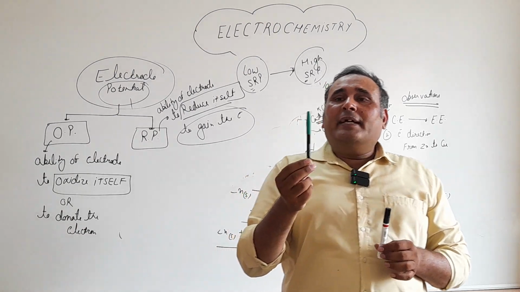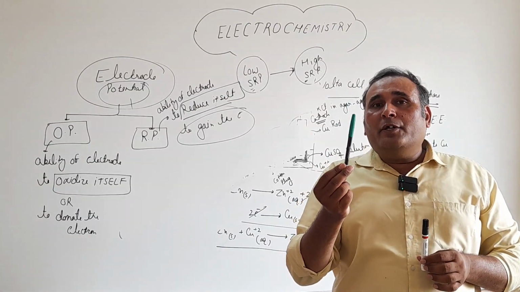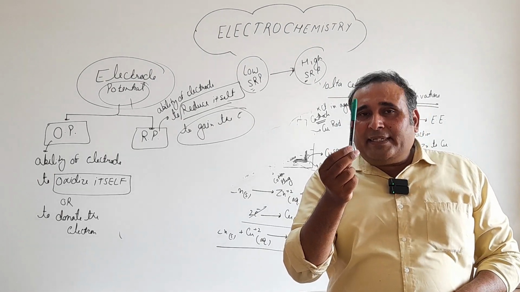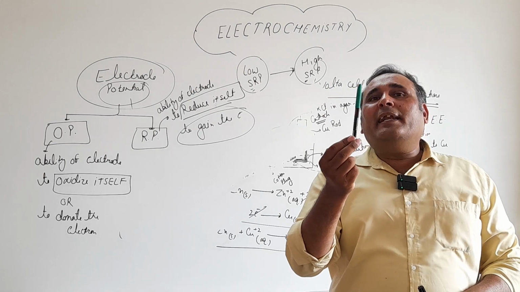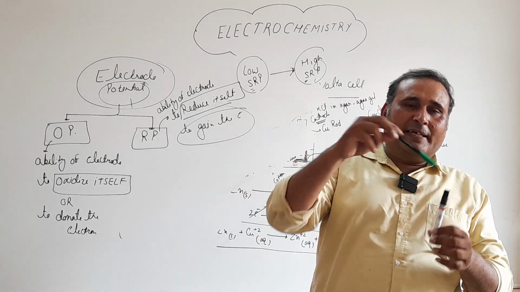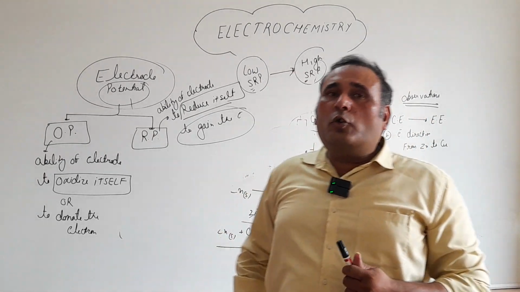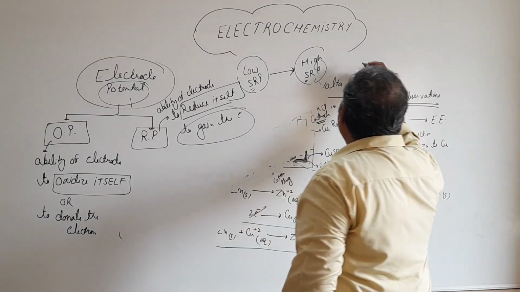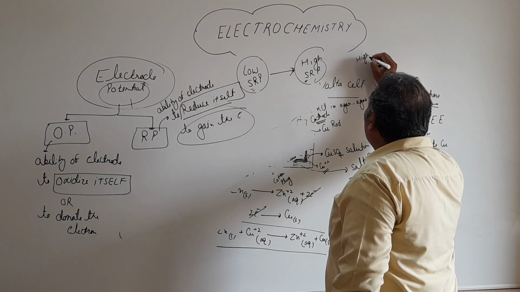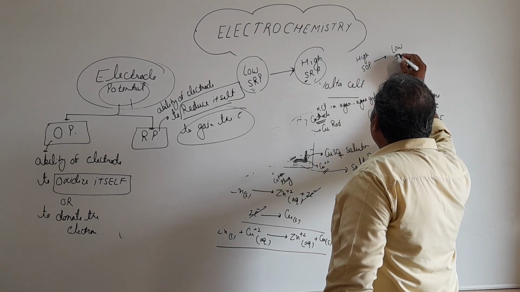It means its ability to oxidize itself is more, its ability to donate electron is more. So it will donate the electron and the other will gain the electron. So in terms of SOP, we can say electron moves from high SOP to low SOP.